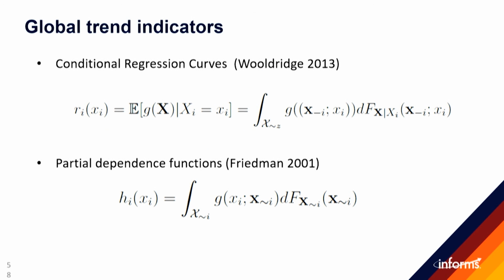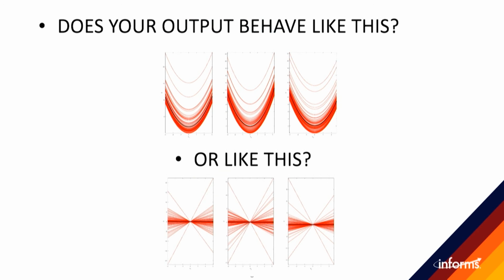But if you use this expression here, and if you can calculate those, if your input-output mapping is monotonic, for instance in Xi, the curve that you would get here would be monotonic. So the indicator would reflect the intrinsic monotonicity of the model even when the inputs are correlated. You can prove it.